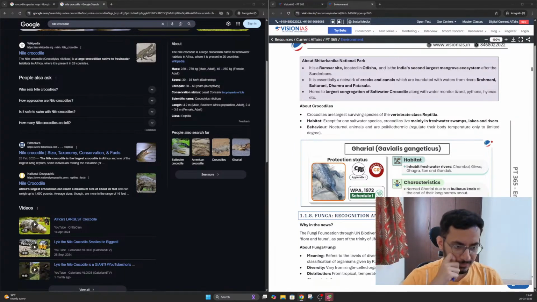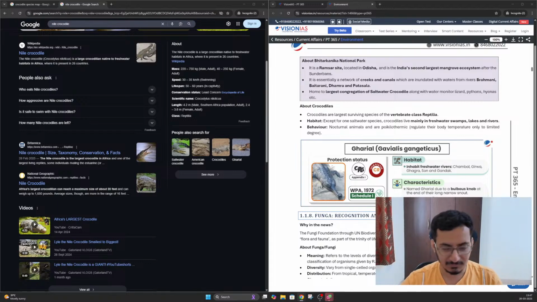So India has three types of crocodiles. One is Gharial, named after the snout at the top, as you can see here. While Magar crocodile is like a classic looking crocodile, no snout, nothing, and it can attack people. It's quite dangerous. And the third one is saltwater crocodile, which we have just seen is the largest crocodile species in the world.